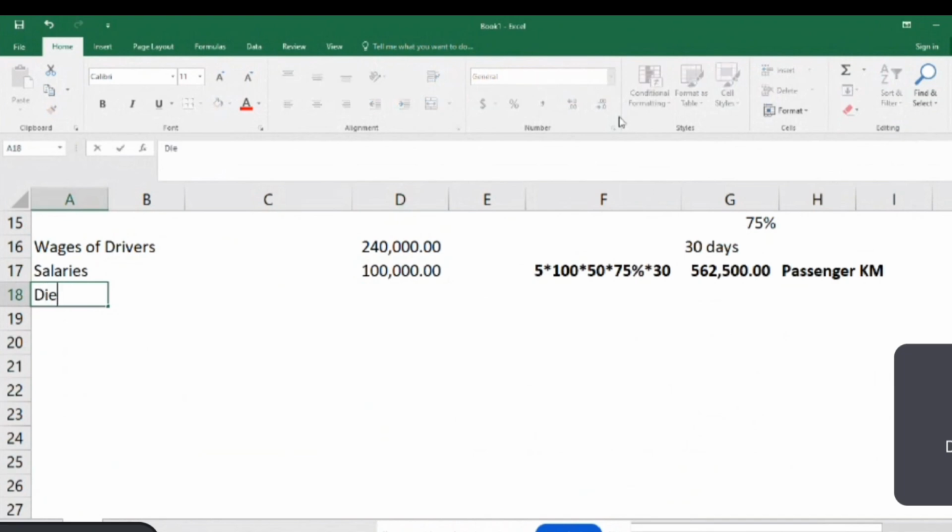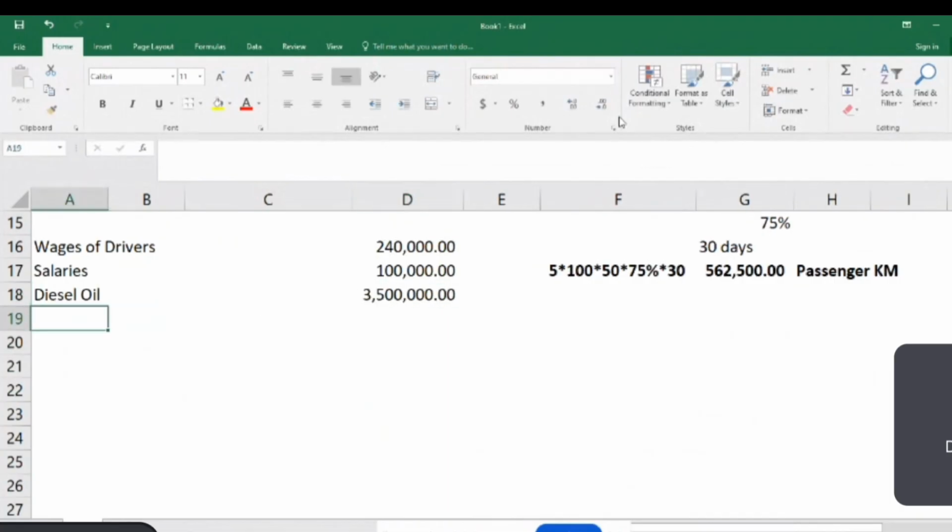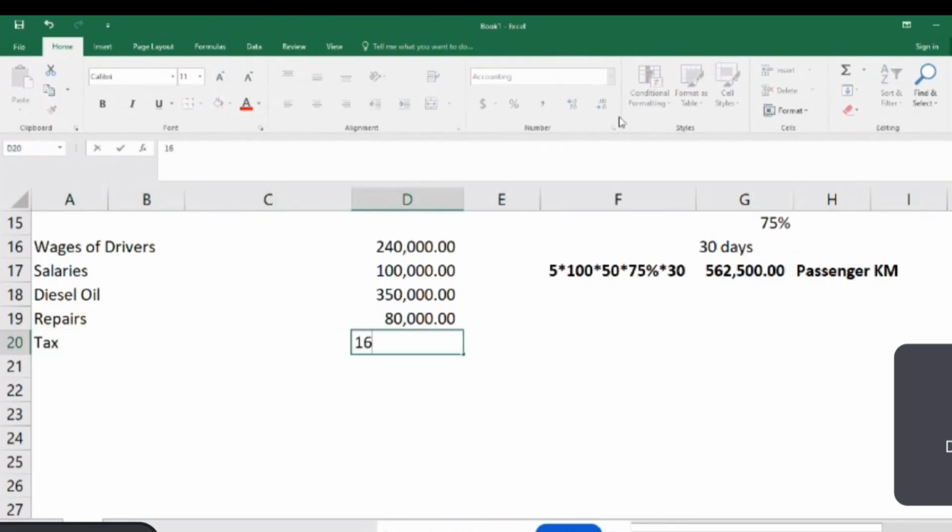Diesel oil is 3,50,000. Then repairs is 80,000. Tax is 1,60,000.